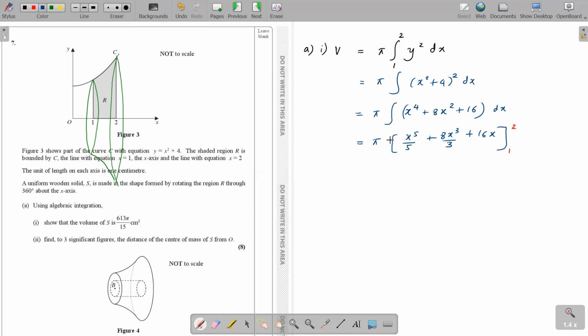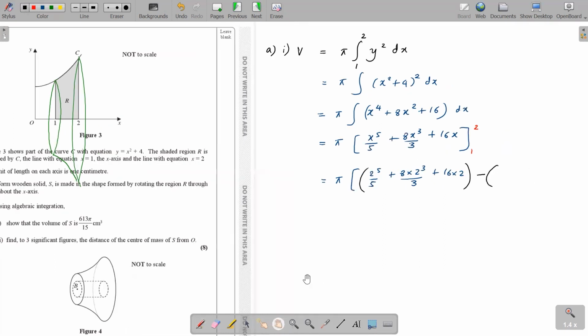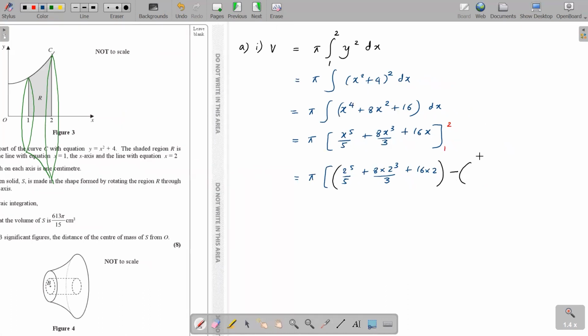Let's input the limits. What do we get? We get 2 to the power 5 over 5, plus 8 into 2 to the power 3 over 3, plus 16 times 2, minus 1 to the power 5 over 5 plus 8 into 1 to the power 3 over 3 plus 16 times 1.